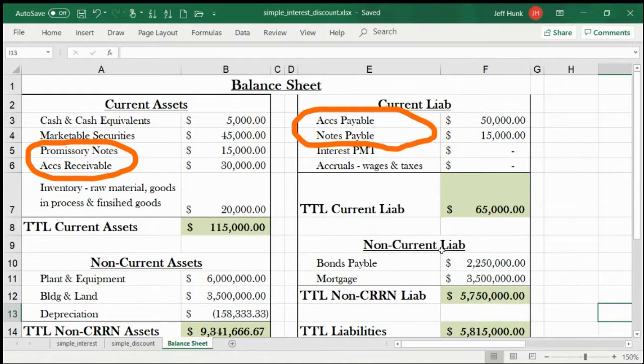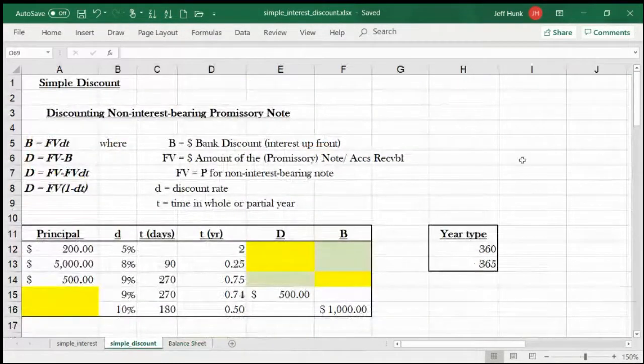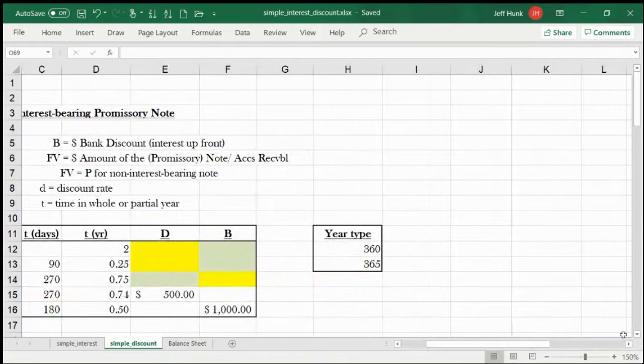Now, the interesting thing is that if the maturity on the promissory note is 60 days, in principle, if you're holding on to the promissory note for 60 days, then you will receive the interest and the principal.